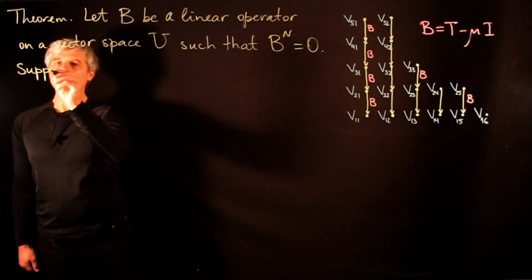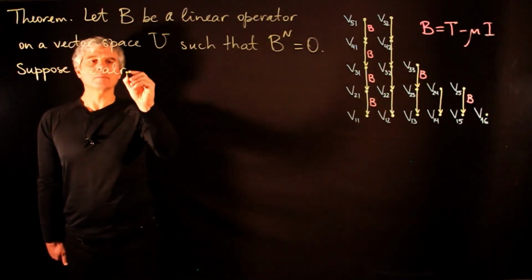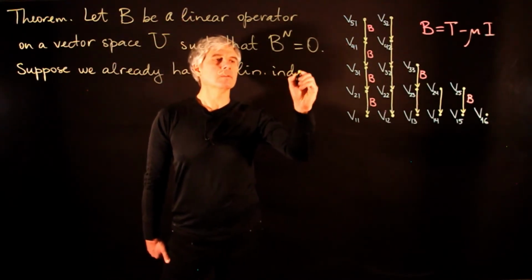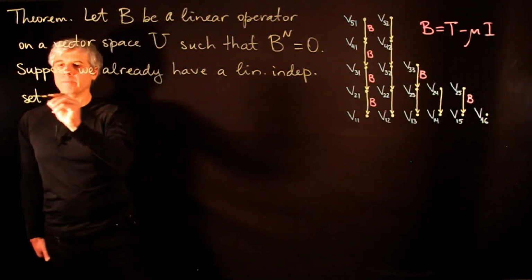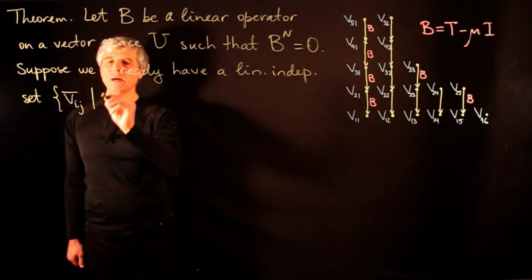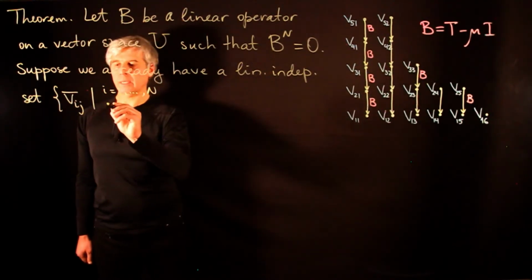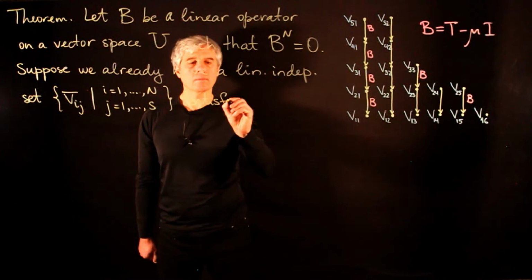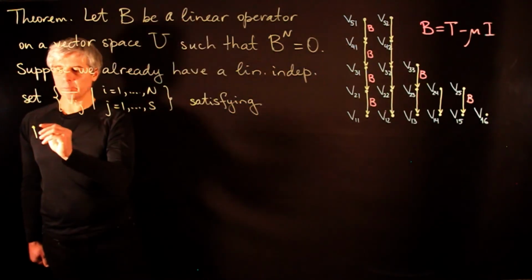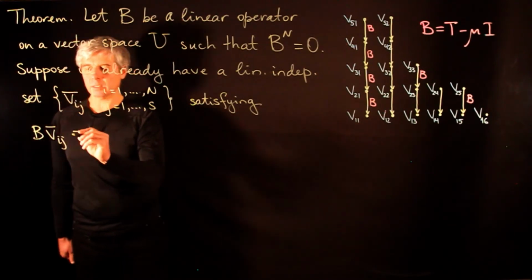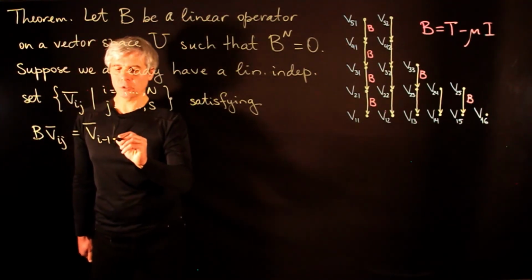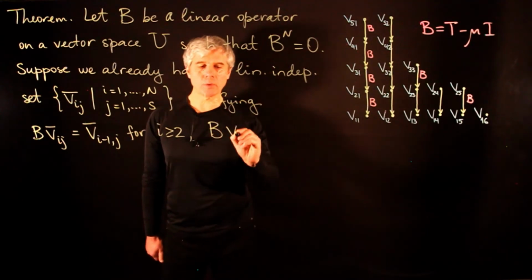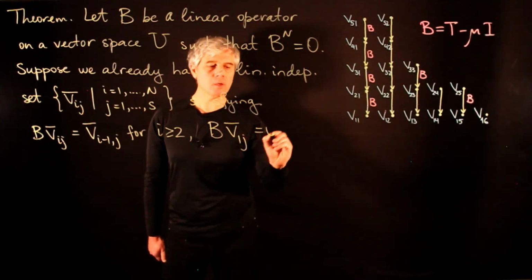Suppose we already have a linearly independent set Vij, where I goes from 1 to n and j goes from 1 to s, satisfying b applied to Vij is equal to Vi minus 1 j for I greater or equal to 2, and b applied to the bottom vectors V1j is equal to a 0 vector.